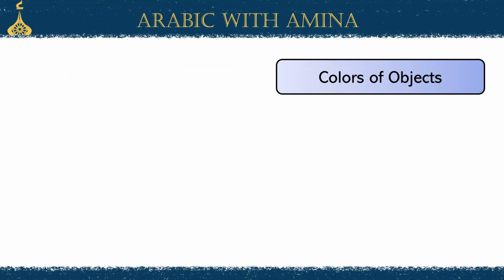Let's start with the object-based colors. These are colors that come directly from nouns, things you can see and touch. Let's go through some examples together. Our first example is the color orange. Just like in English, the Arabic word for the color orange refers to the fruit, برتقال.